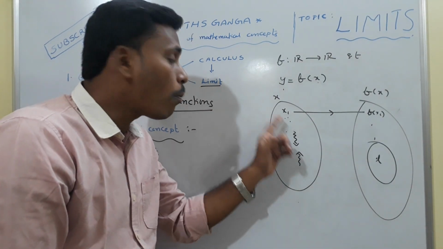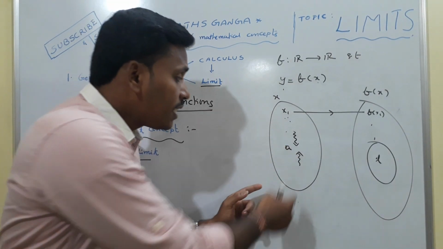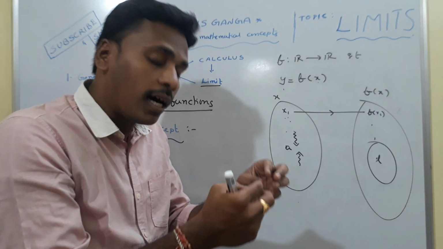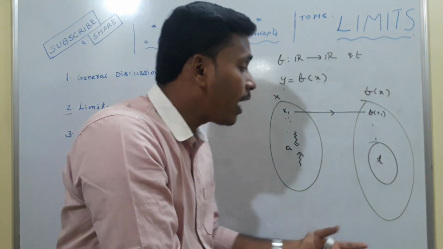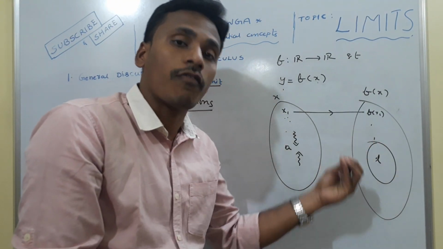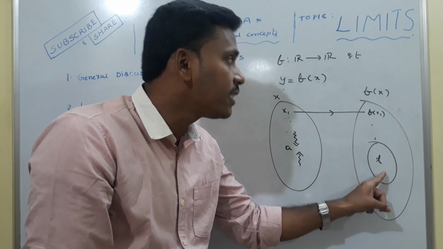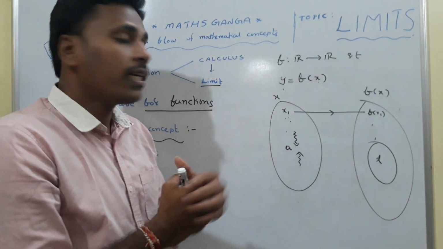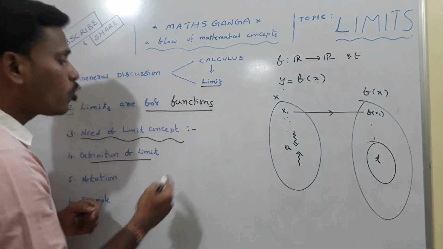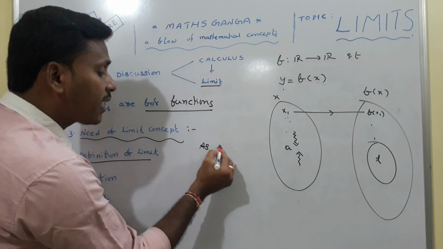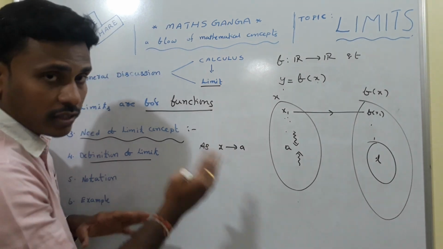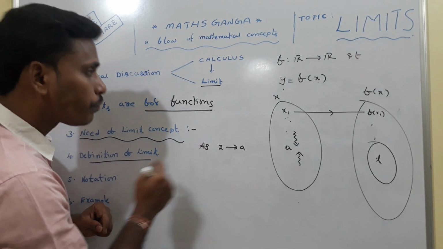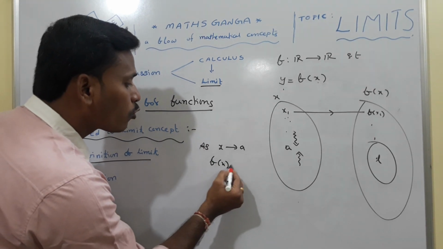If the variable in the domain is changing in the smaller surroundings of A, and in the same situation the functional values are changing in the smaller surroundings of L, then we say that L is the limit of f of x as x is approaching A. That is usually notated as x is approaching A from either of the sides. As x is approaching A, f of x is approaching L.